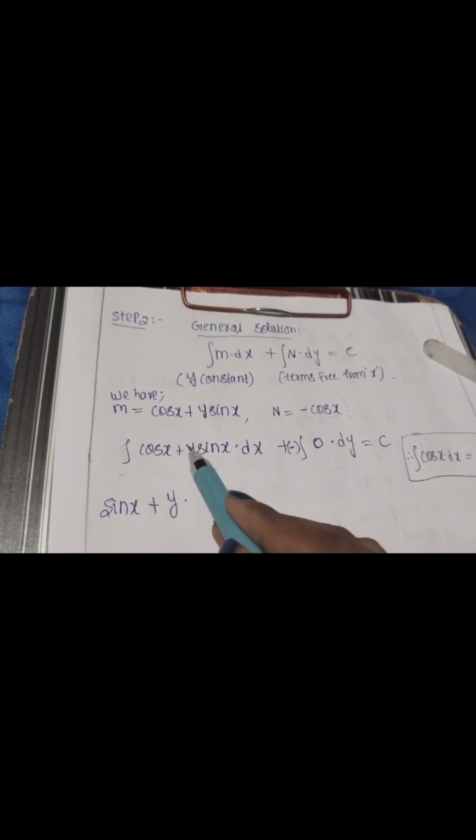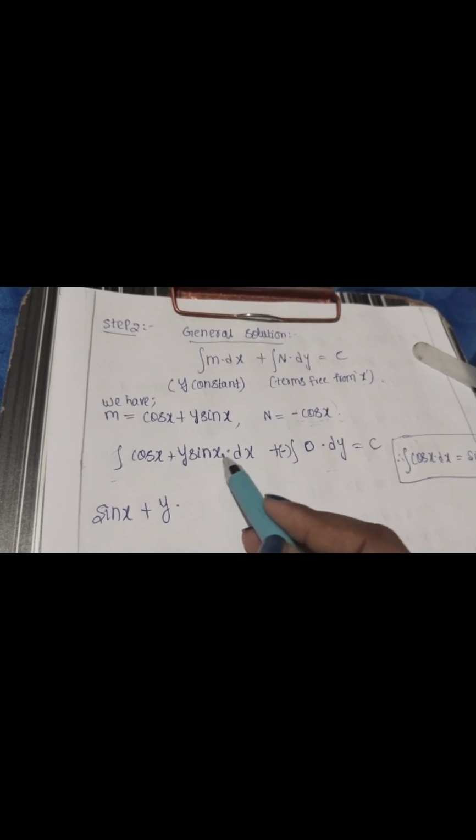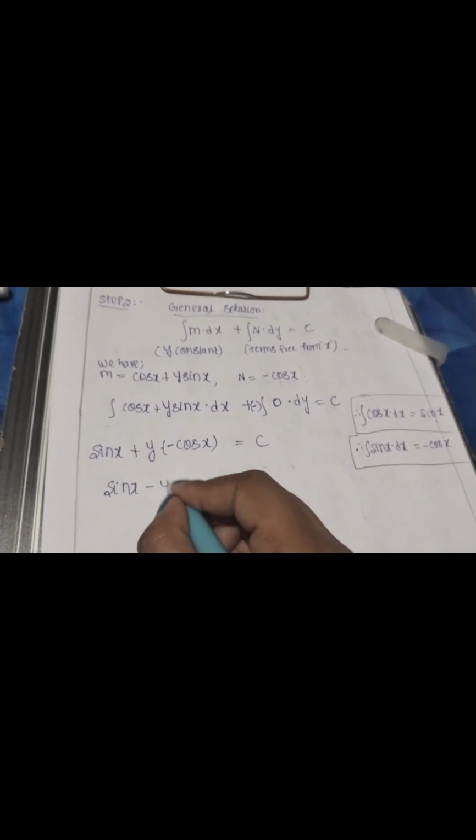So simply integrating the term which is left over after keeping y as constant, integration of sin x. Let me explain this. Integration of sin x is minus cos x. So minus y cos x is equal to c. So now this becomes sin x minus y cos x is equal to c.